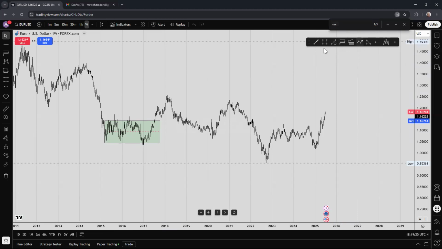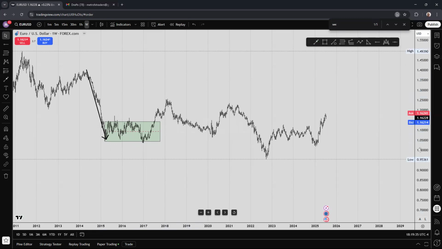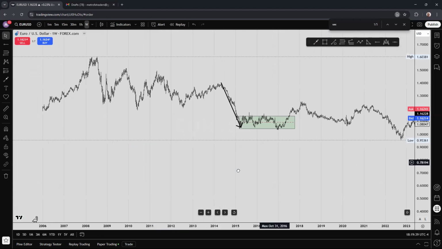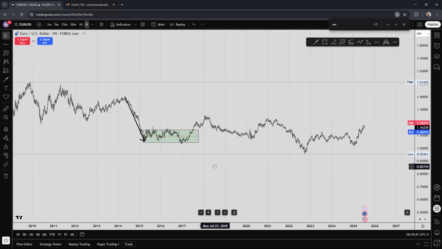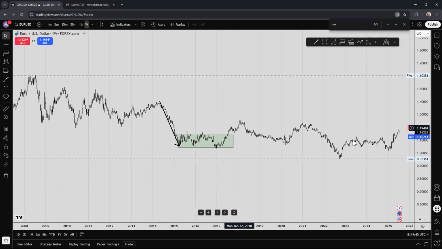You put your arrow here. This whole area was a downtrend, and you had your consolidation. It looks like the whole entire market is a downtrend, because if your highs here, right?